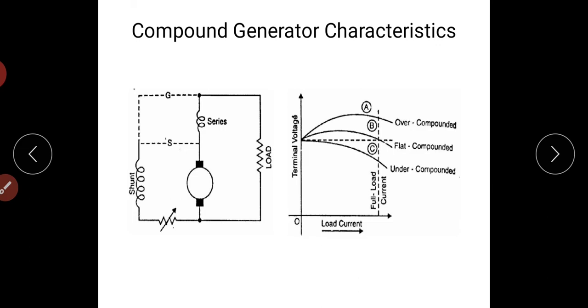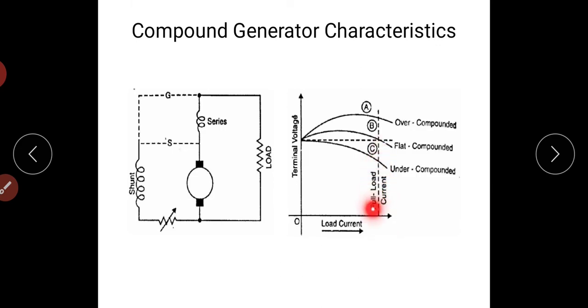Next, flat compound means that the terminal voltage at full load condition equals the full load terminal voltage or rated voltage. If these two voltages are equal, the generator is called a flat compounded generator. Next, in the under compound generator case, the generator full load terminal voltage is less than the rated voltage at full load condition.